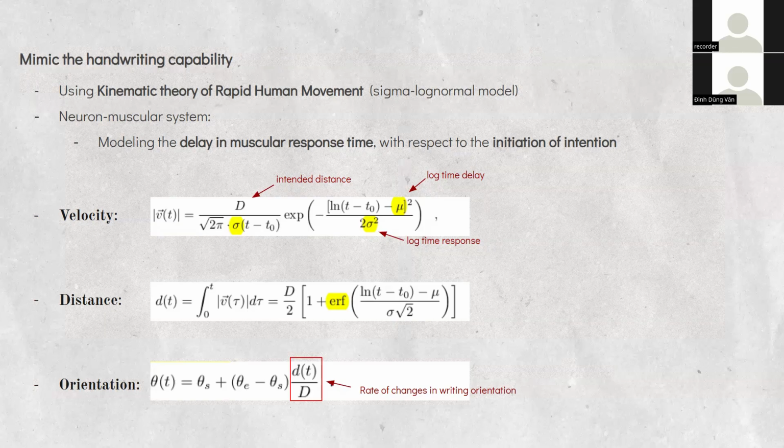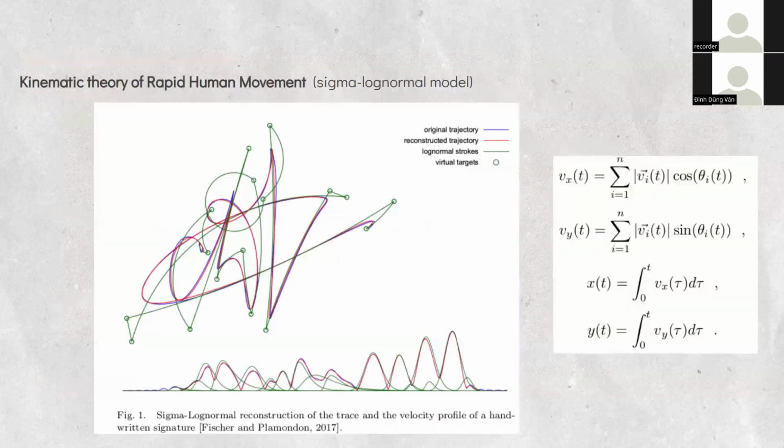Everything is modeled with velocity and the log-normal time delays of the neuron and the response time. Based on this theory, we can separate a very complex signature or drawing into fundamental structures, starting from the initiation, the increasing velocity, to the stopping and changing direction of the writing.